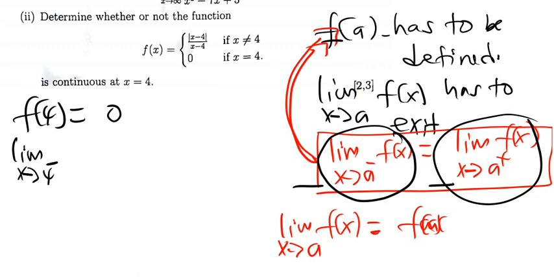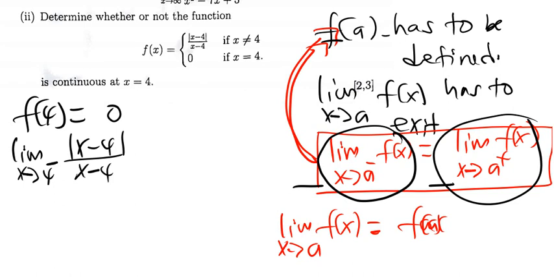From the left side, I'm going to get the same equation, which is this. Okay? Because it's telling me that x is not equal to 4, but it can be less than, maybe 3.9999. So I'm going to get the modulus of x minus 4, divided by x minus 4.